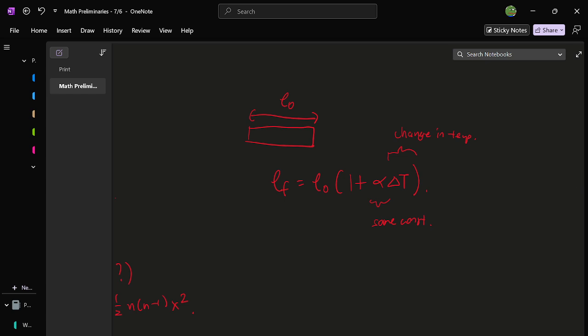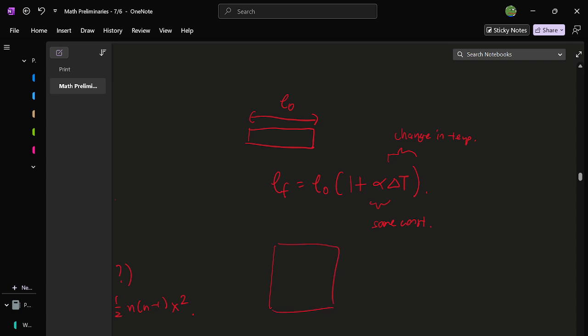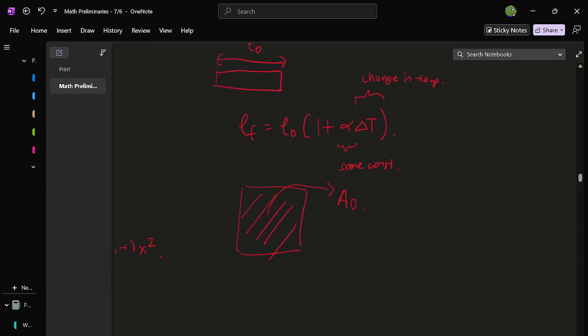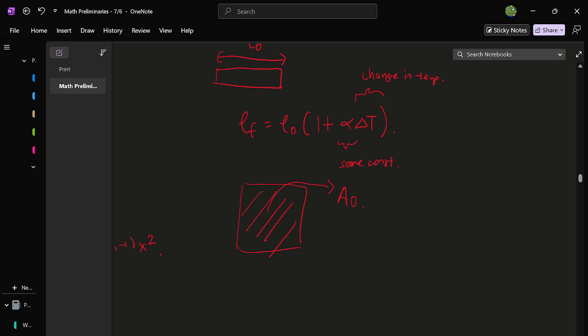Now, most objects you deal with in real life are not 1D. You'll mostly see either 2D or 3D objects, right? So let's say you deal with a 2D object, some random 2D object here. Let's say that its initial area was A naught. Now, when you heat it by a change in temperature delta T, you're interested to find what the final area is.